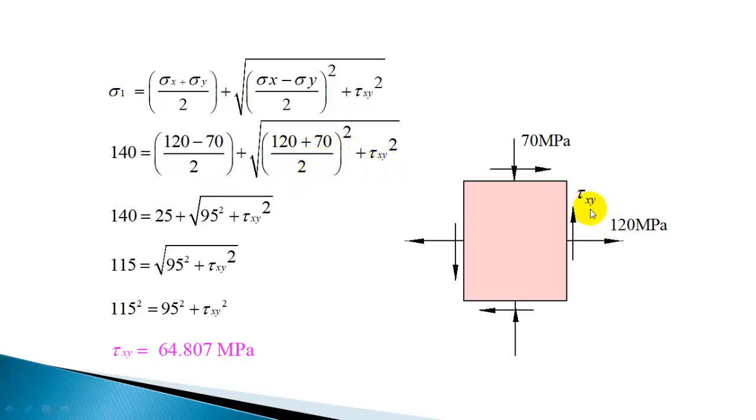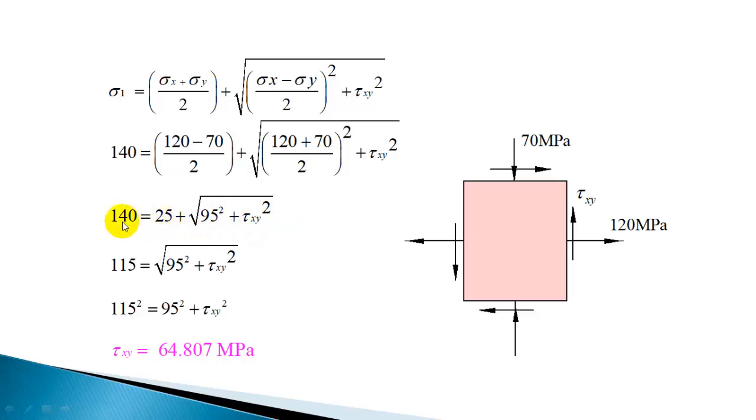Tau xy is unknown, so you get 140 is equal to 120 minus 70, 50 by 2, 25, plus root of 120 plus 70, 190 by 2, that is 95 square plus tau xy square.